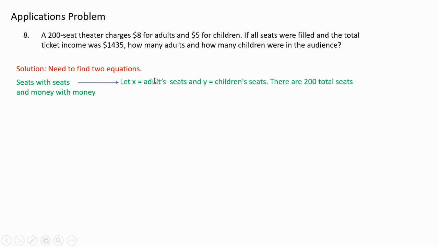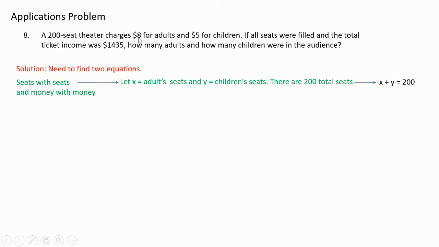Adult seats plus children's seats must equal 200 because there are 200 total seats available. So x plus y equals 200. That's my first equation.